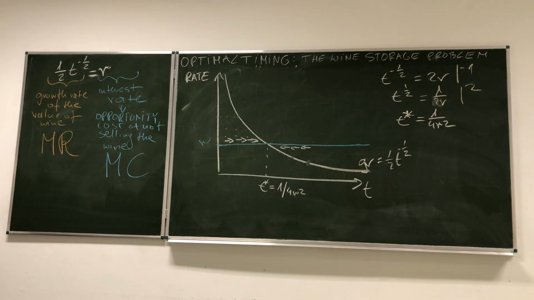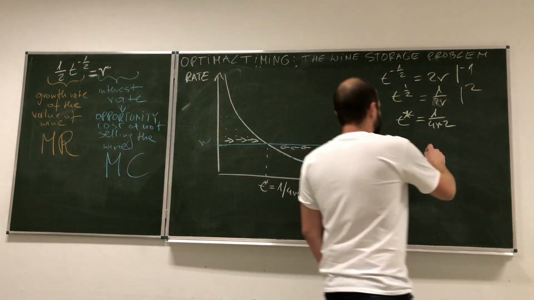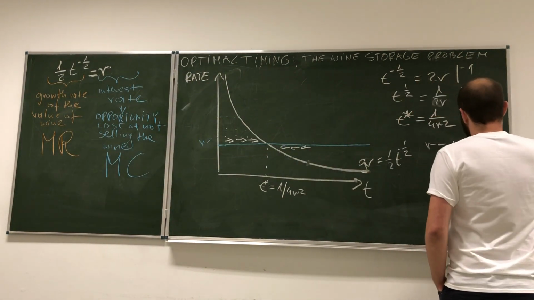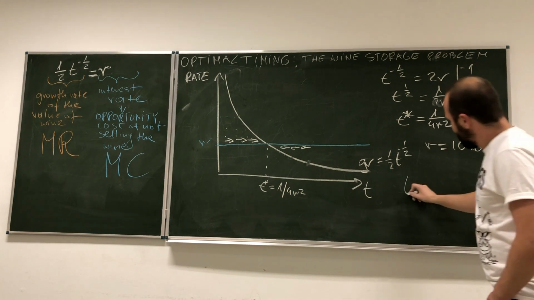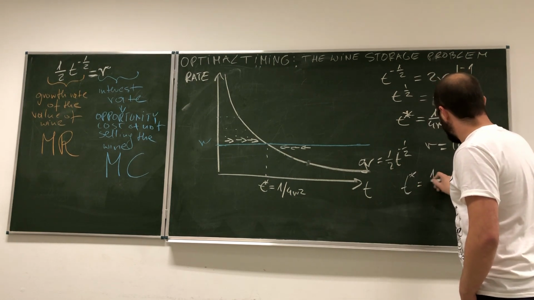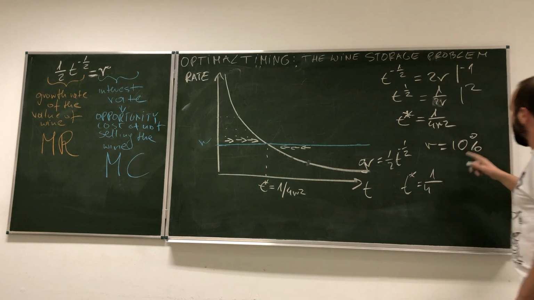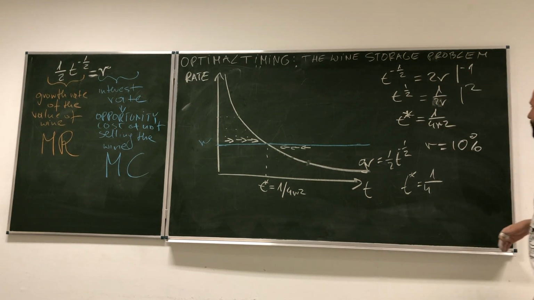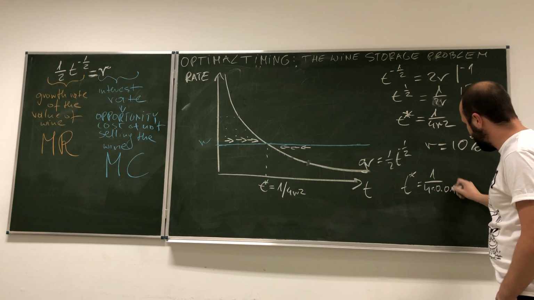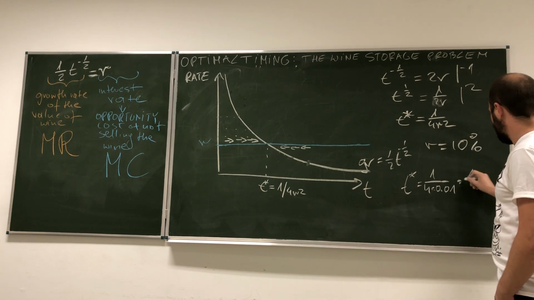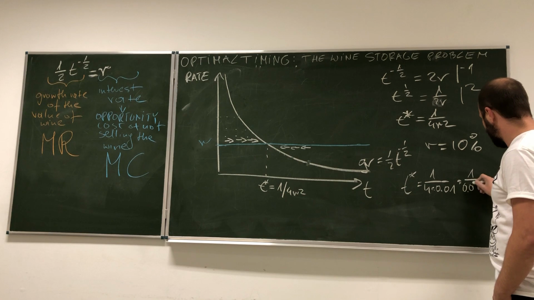Now, let's make an example. What if the interest rate is 10%? What is the optimal moment to sell the wine? Well, we see that then we've got 1 over 4 times 0.1 to the power of 2, which is 0.01. So we've got 1 divided by 0.04.